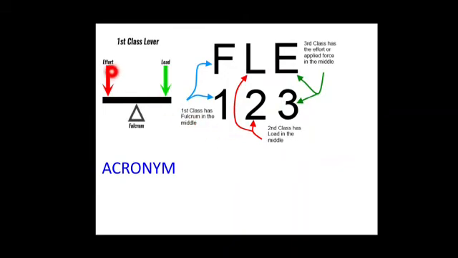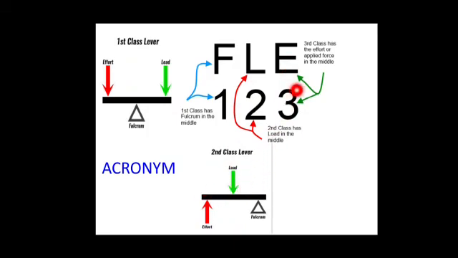You can see here the first class lever, how the fulcrum is in the middle, and load and effort are on the sides. Now in second class lever you can see who is in the middle: load is in the middle, between the effort and fulcrum.